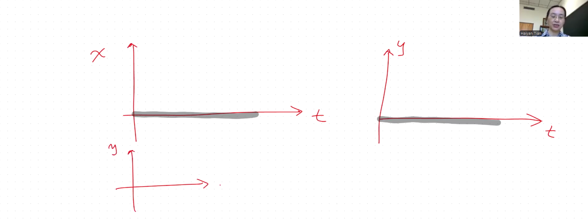So here, where is T? T is not explicitly shown here, but X, Y are always 0, right? X value is always 0, Y value is always 0. So on the XY plane, the constant solution will be a point. So that is 0, 0 as a point.